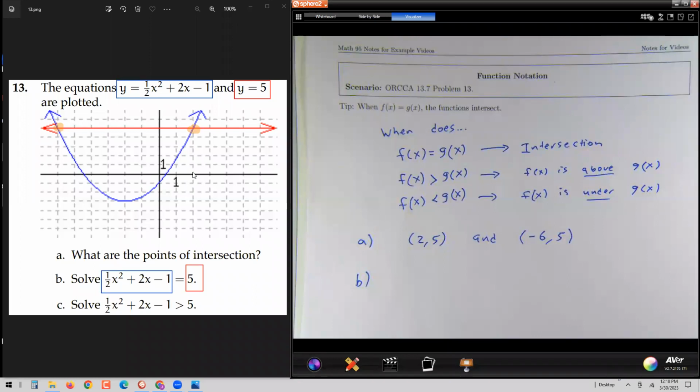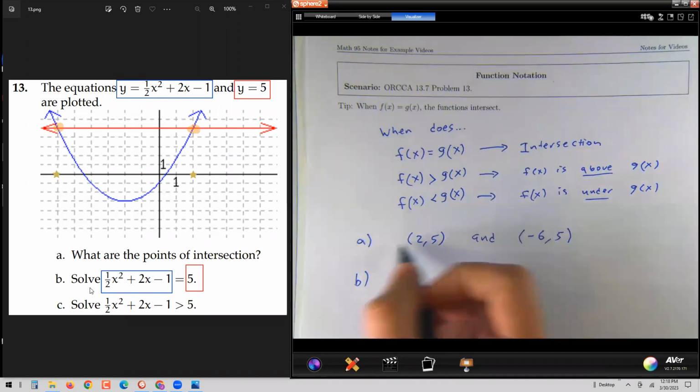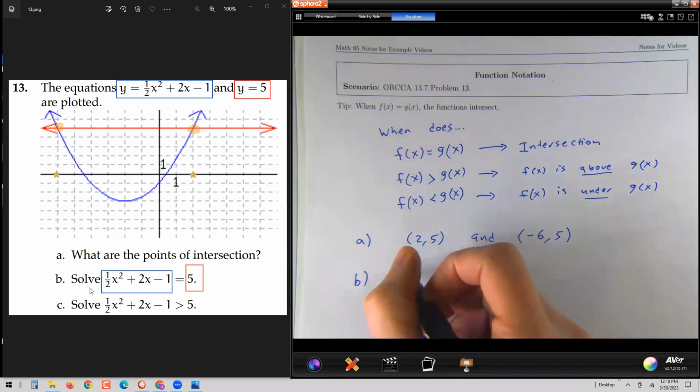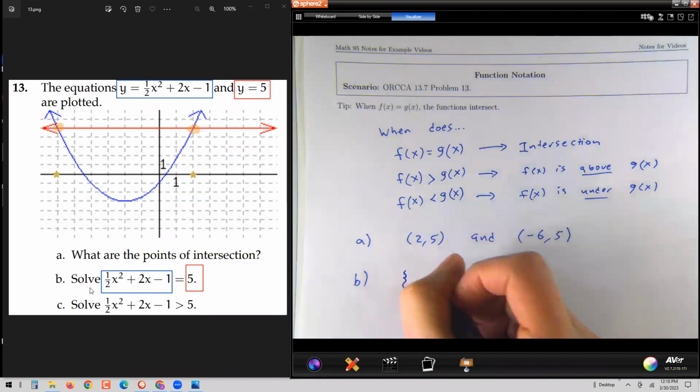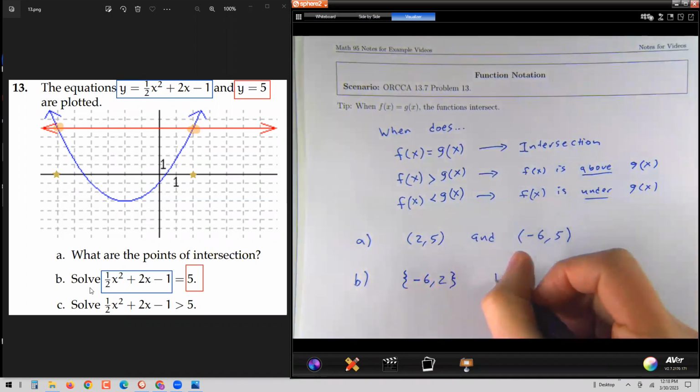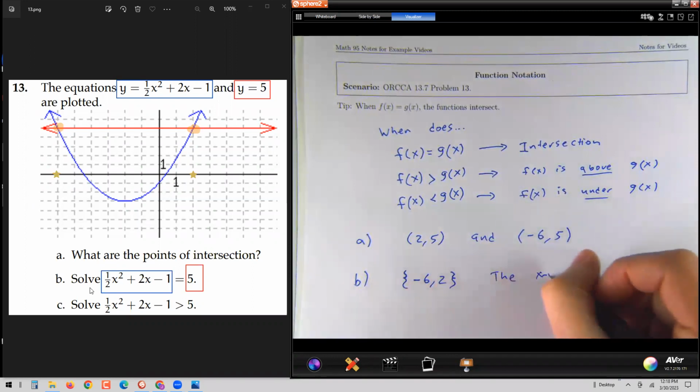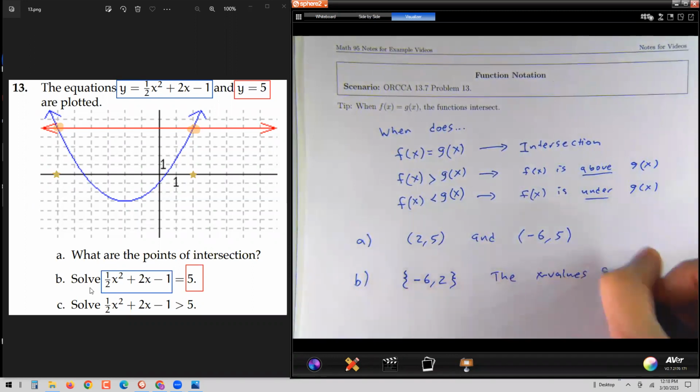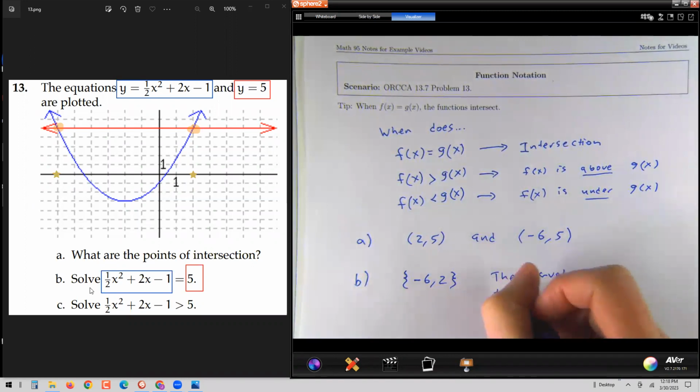And we saw that these things crossed at 2 and negative 6. So by answering part A, we've actually come up with our answer for part B, negative 6 and 2. These are the x values for the intersection.